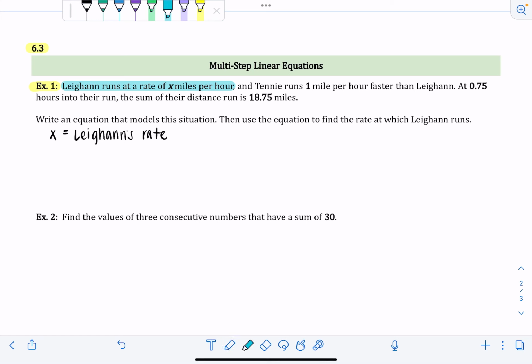And then it says that Tenny runs 1 mile per hour faster than Leanne. So we don't need to use a different variable for Tenny, because we can describe Tenny in terms of Leanne's rate. Because she runs 1 mile per hour faster, Tenny's rate is x plus 1.